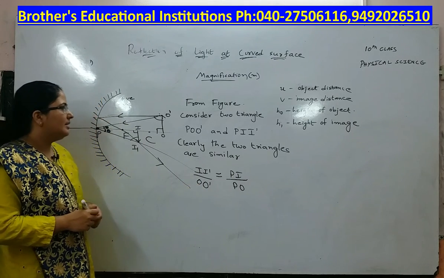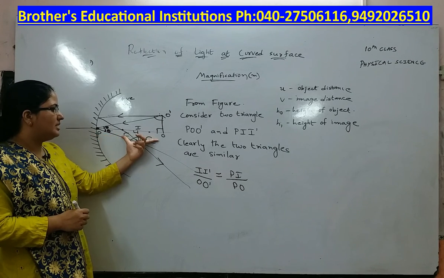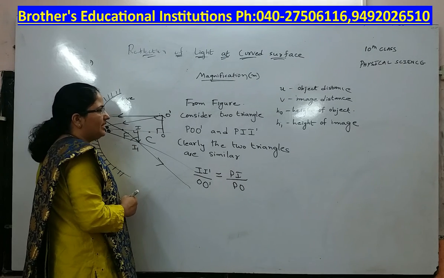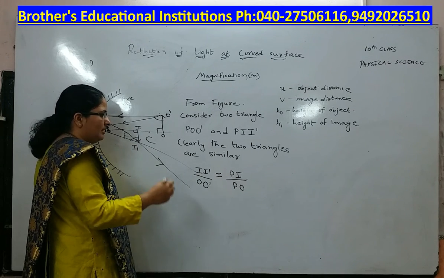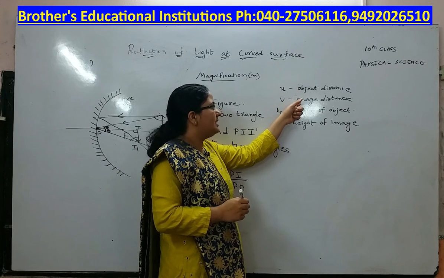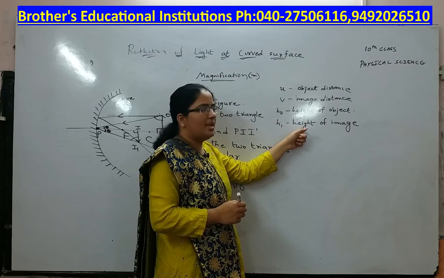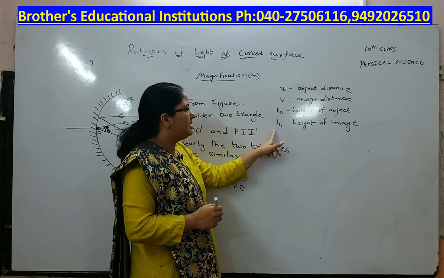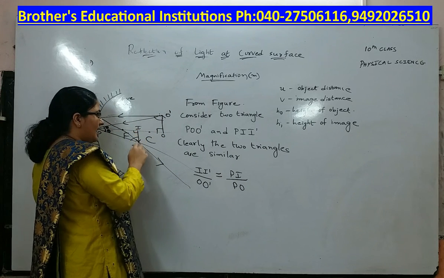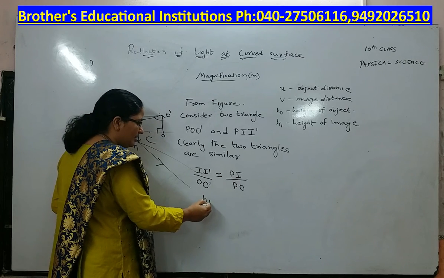Now, what is the object distance? Where is the object? PO. This is the object distance, denoted with the letter U, as we have discussed. Object distance U, image distance V, height of the object H naught, height of the image HI. We will use this terminology. Now, I dash is the height of the image, so I will write HI.